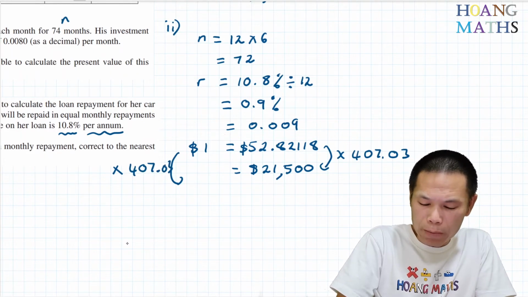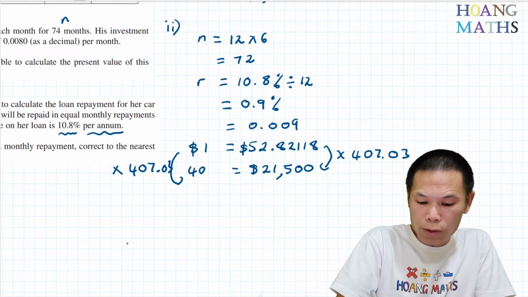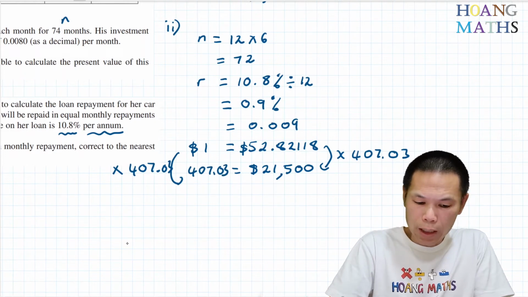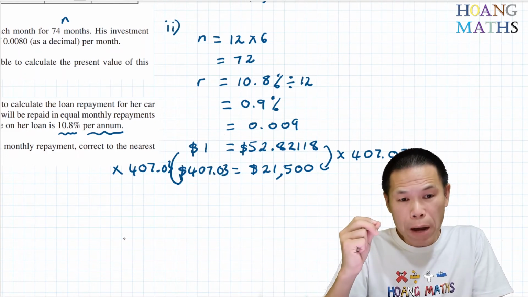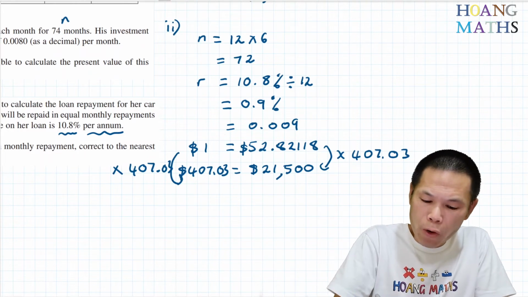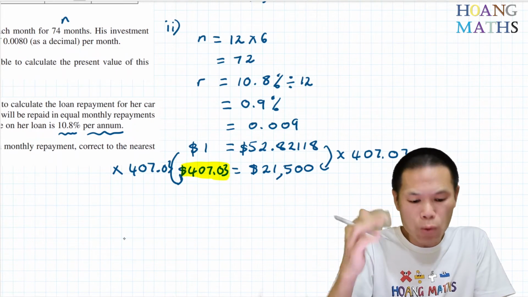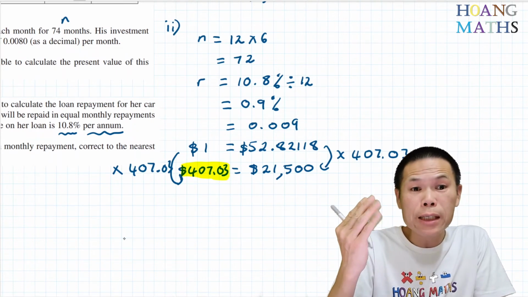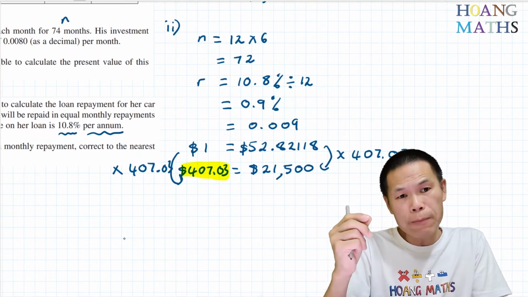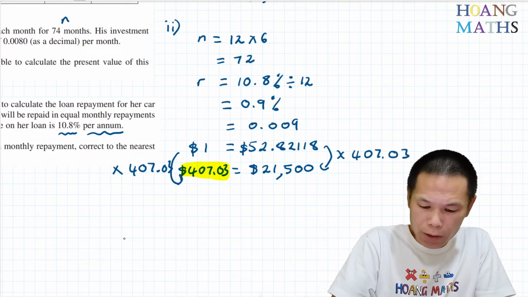So that gives me 407.03. So therefore, the regular payment is $407.03. In other words, the monthly repayment is $407.03.